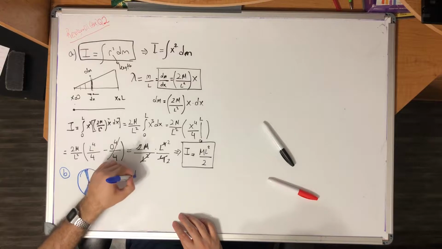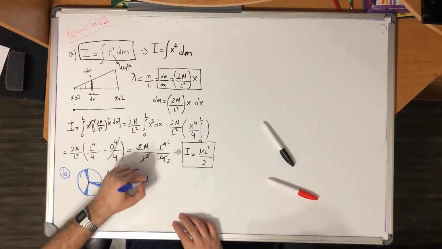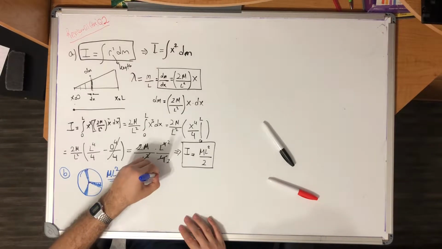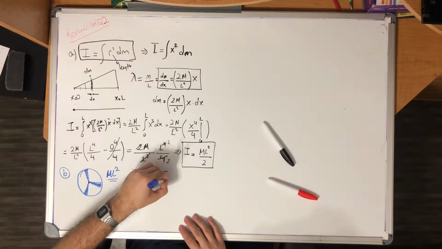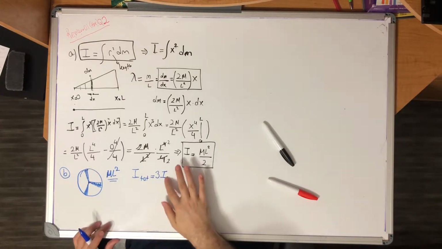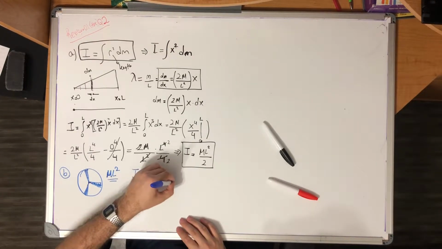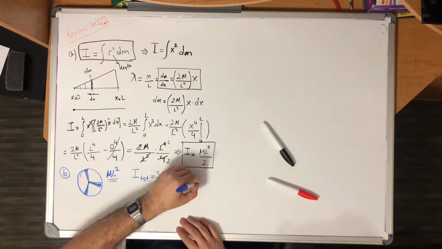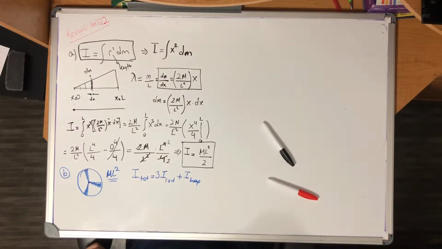So what's the total moment of inertia of this? To find the total moment of inertia, you just need to add all of those 4 together. You have 3 of the bars, or rods actually, so 3 of the rods plus 1 of the hoop. If you add the moments of inertia of all of those, you will find the total moment of inertia of the system.